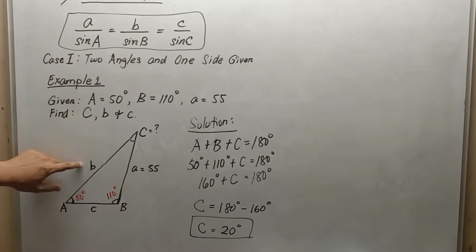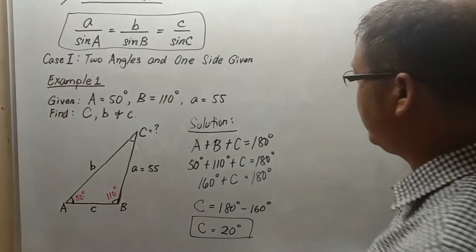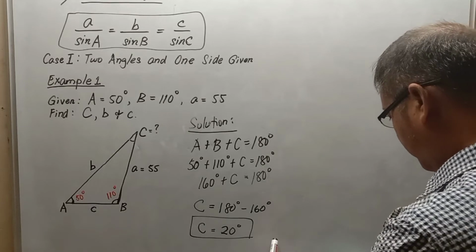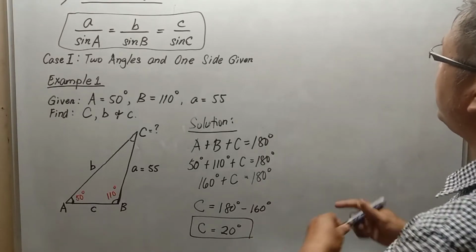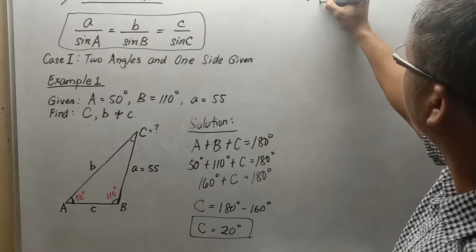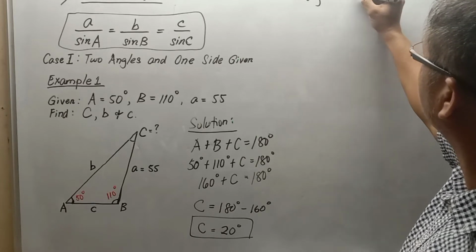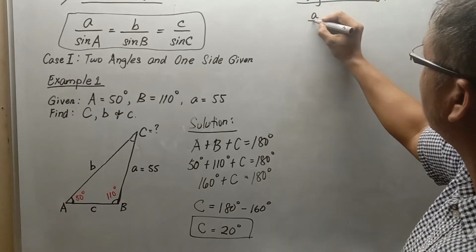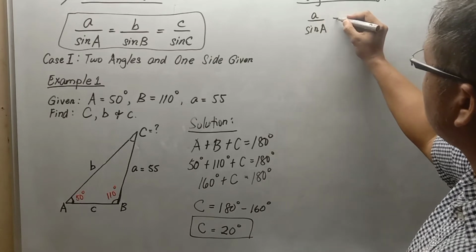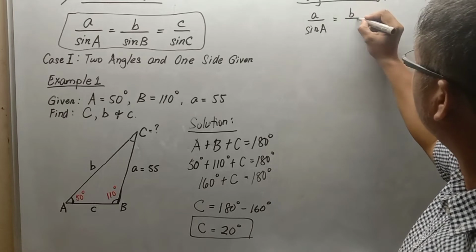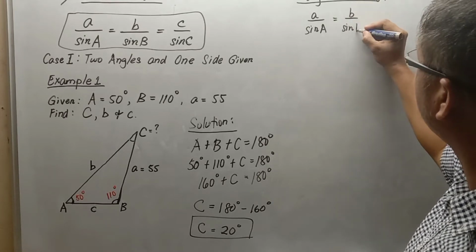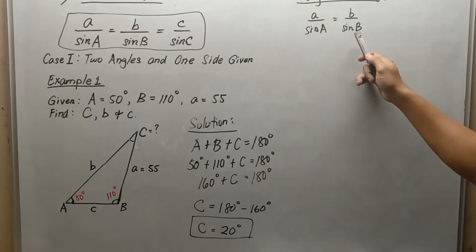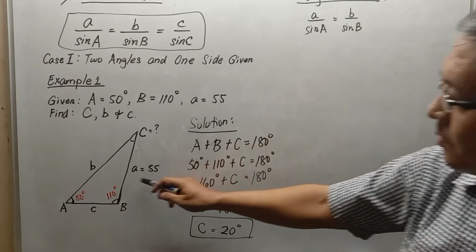Now, the next requirement is to find the B side. This time we can apply the sine law equation: A over sine A is equal to B over sine B. Now, substitute the value for side A, angle A and angle B in order to find the B side.